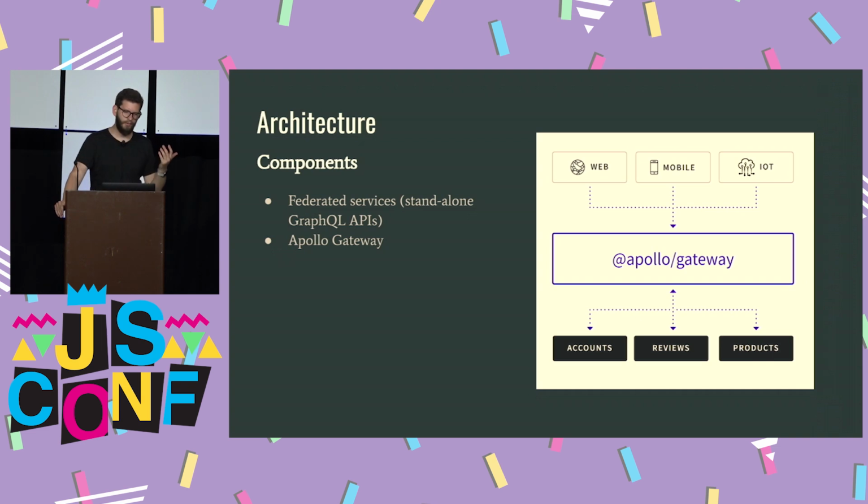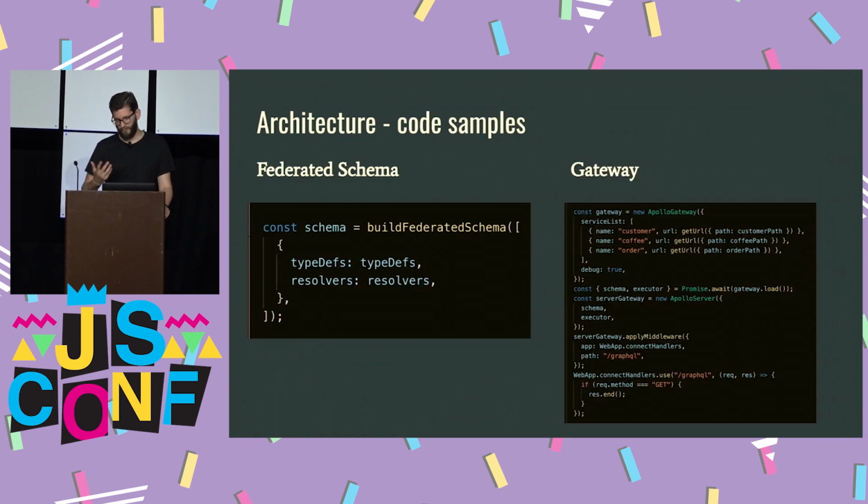So coming back to the architecture, all you need is different federated schemas and this Apollo gateway. And Apollo provides you with both of those. Just to give you a quick overview of how much code you would need to set it up, except the code I showed you already, it is basically just this.